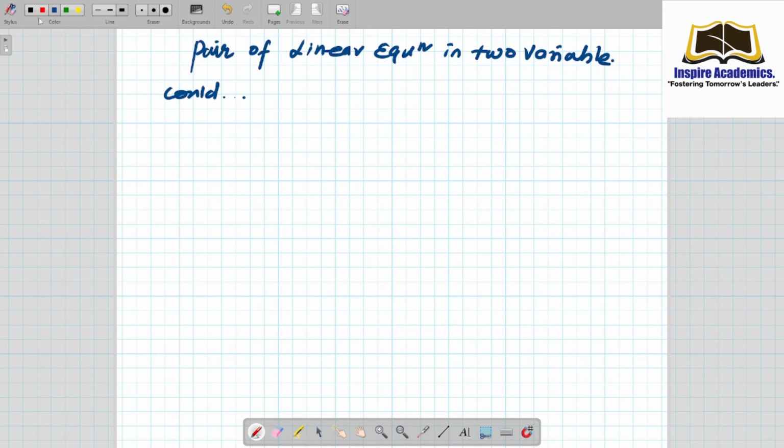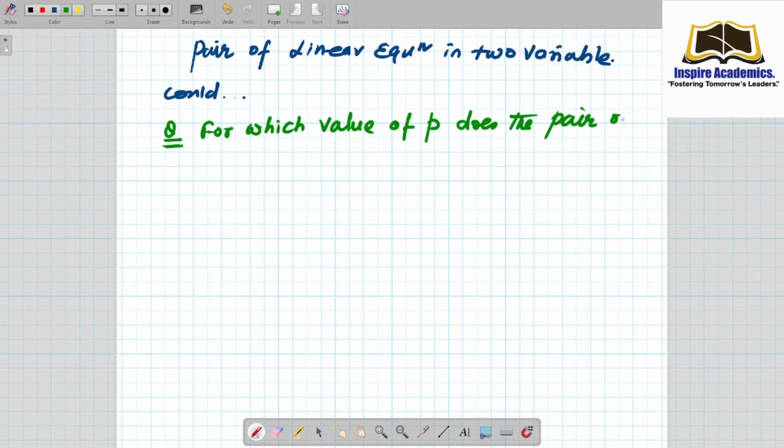एक क्वेश्चन लेते हैं। क्वेश्चन है, for which value of p does the pair of equations will have a unique solution?